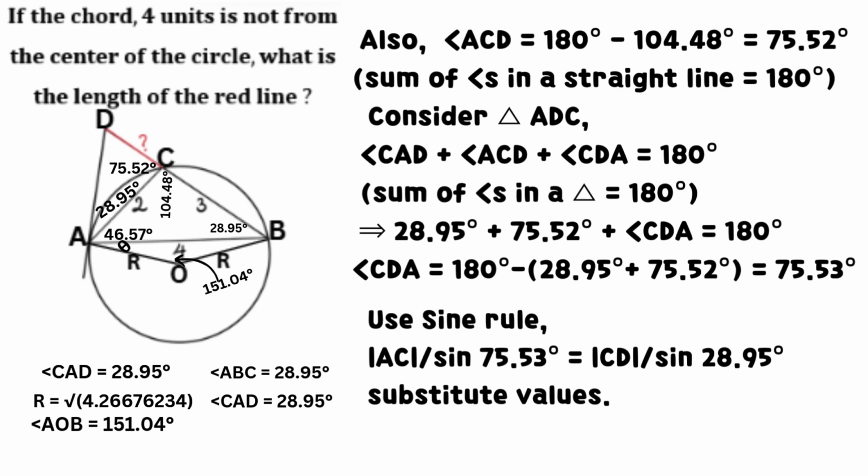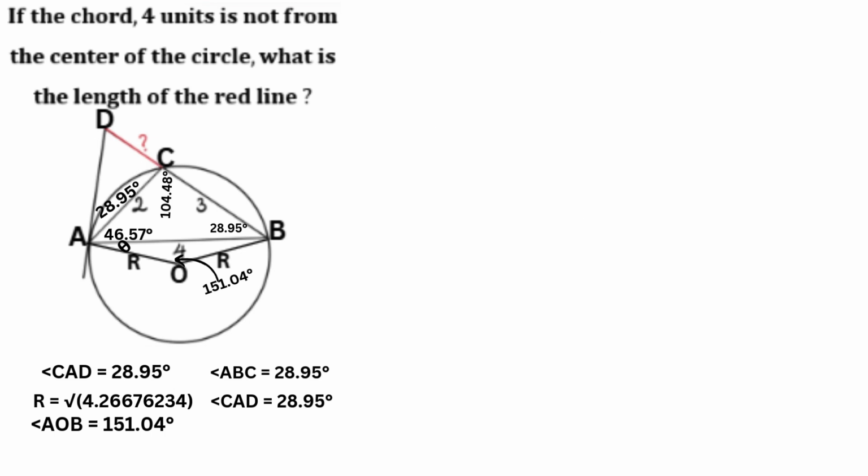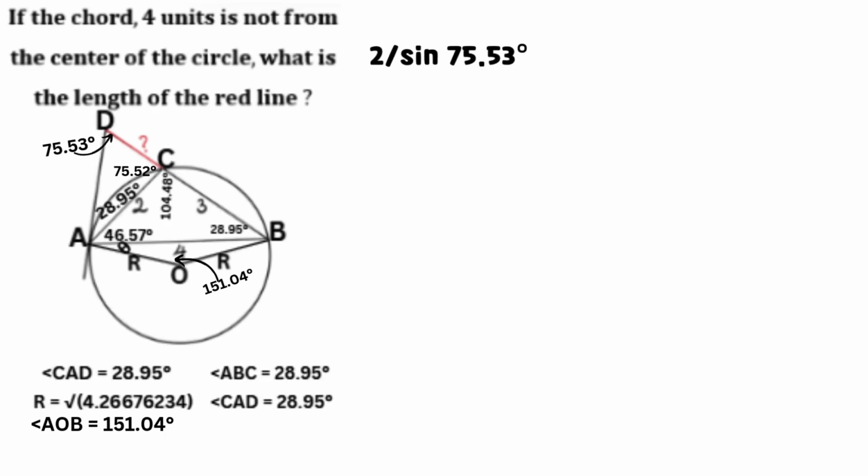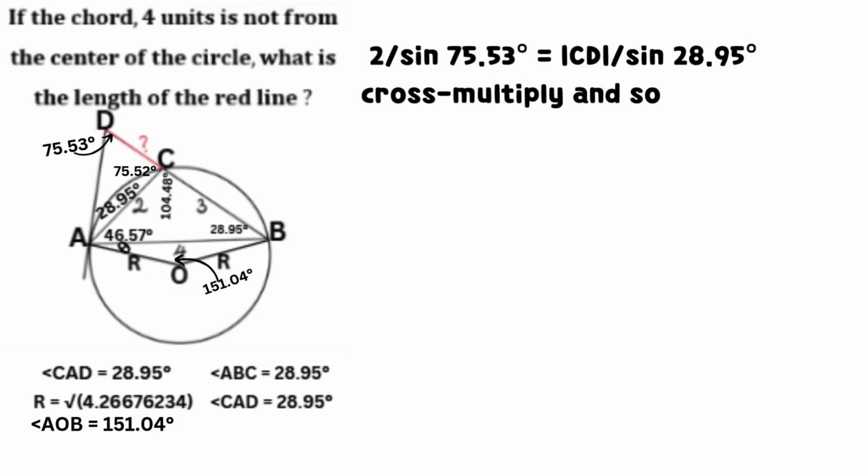We can now find the required length of the red line, which equals line CD. Substitute values and we have that 2 divided by sine 75.53 degrees equals line CD divided by sine 28.95 degrees.